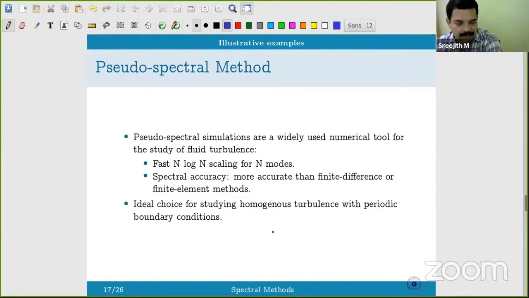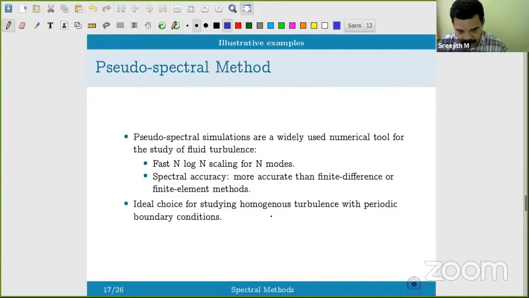For other boundary conditions, for Neumann boundary conditions, you can use cosine transform, and for Dirichlet boundary conditions, you can use sine transform, or Chebyshev polynomials can also be used. So Chebyshev spectral methods can be used where there are Dirichlet boundary conditions.